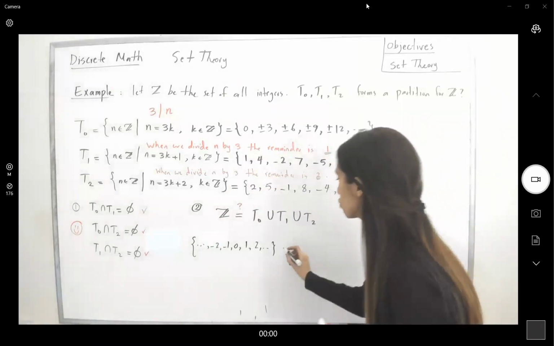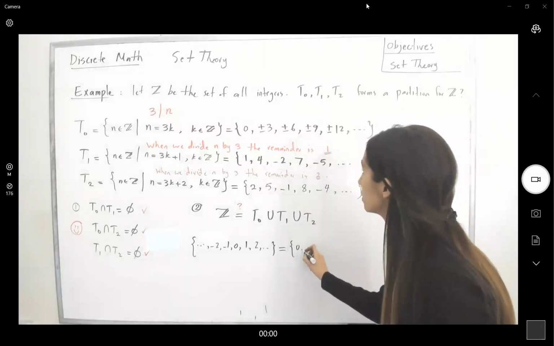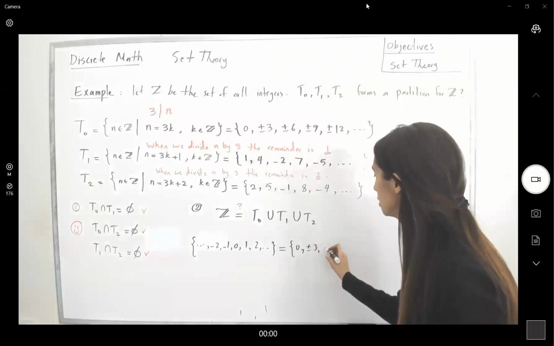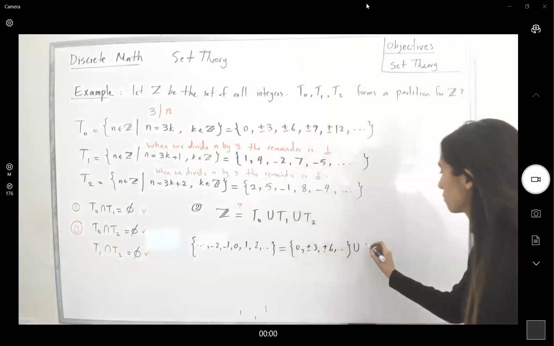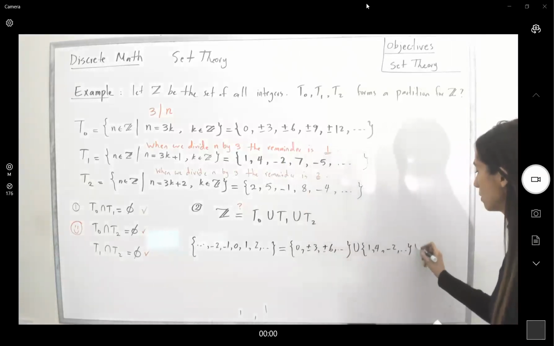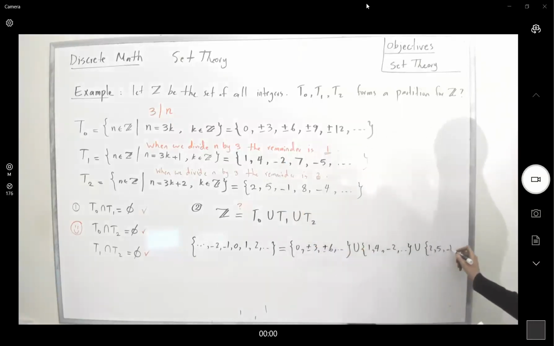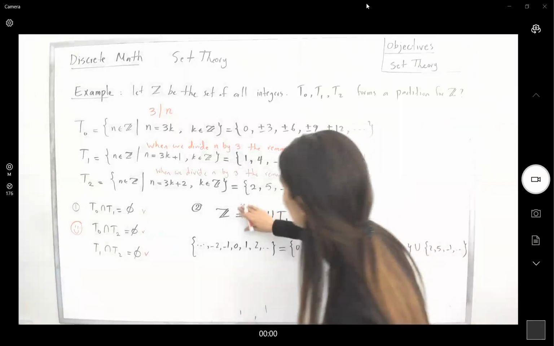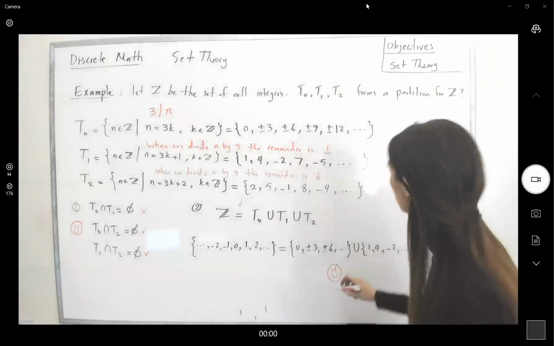So for sure you can say that this is equal to the union of 0, plus minus 3, plus minus 6 and the rest of them, union with 1, 4, negative 2, the rest of them, union with 2, 5, negative 1, and the rest of them. So this condition is also met, and the answer is yes, we have a partition.